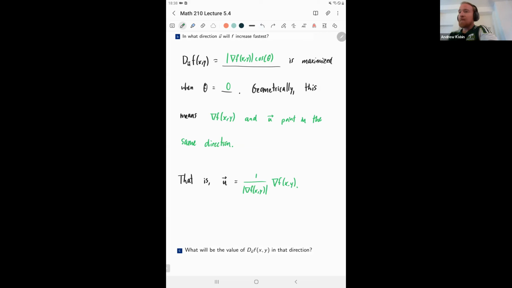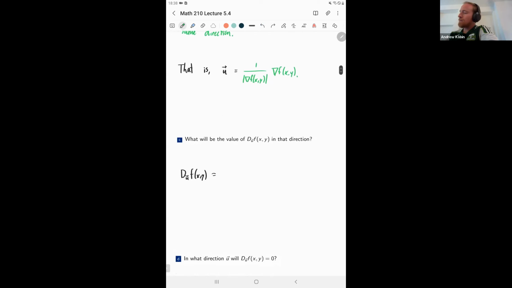Next, what will be the value of the directional derivative in that maximal direction? We actually want to know what the maximal rate of change is in terms of the point x comma y and probably some partial derivatives of the function. So let's take a step back and repeat the results of our dot product formula in terms of the angle.